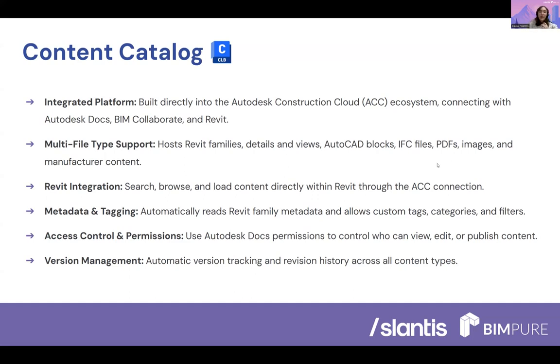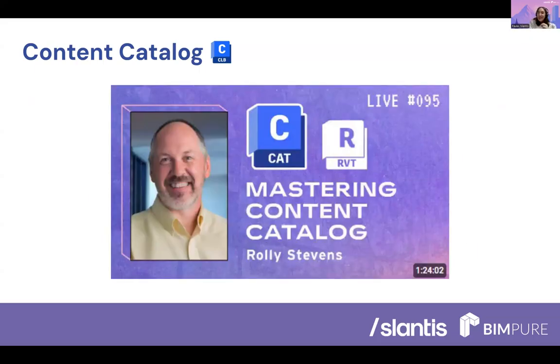We also have version management, so automatic version tracking and history across all content types. And we also have a session with Rolly regarding Content Catalog. So this is a very good one too. I encourage you guys to go check it out.